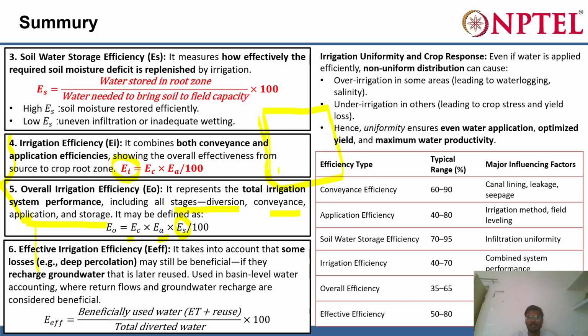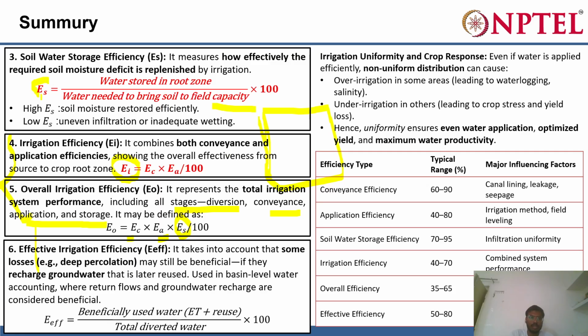Field capacity means the maximum water that can be stored without gravity drainage loss. In other words, whatever water the soil can hold against gravity is its field capacity. So it is the water stored in the root zone divided by the water needed to bring it to field capacity.